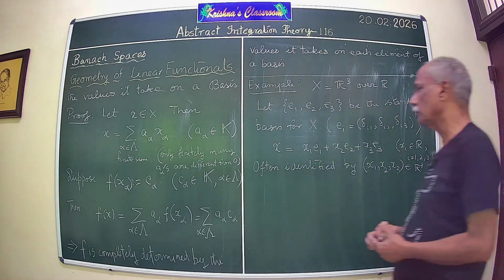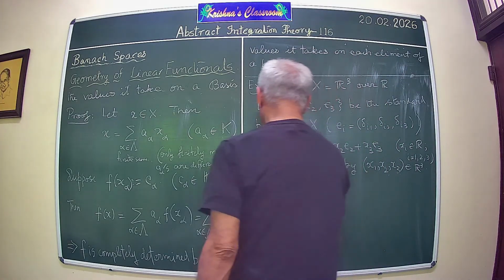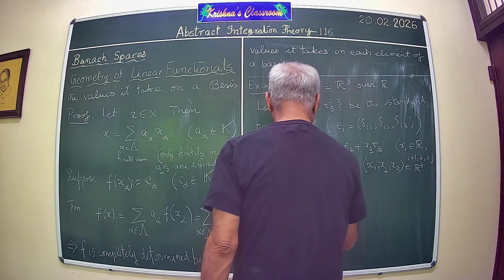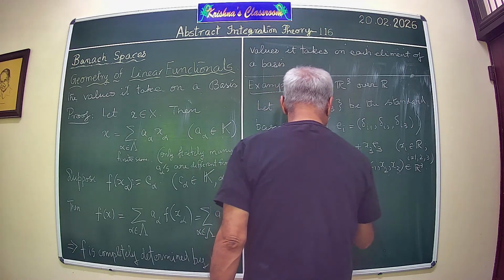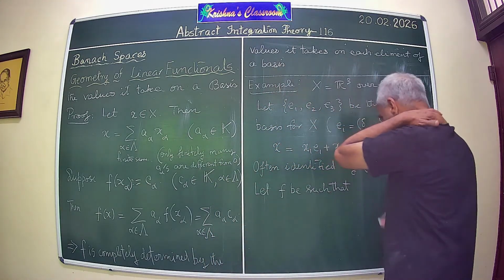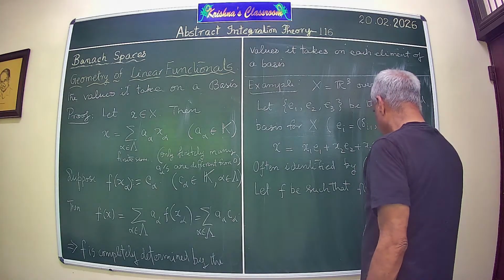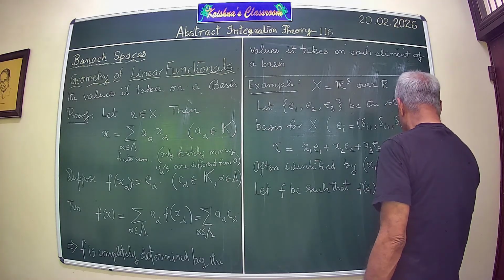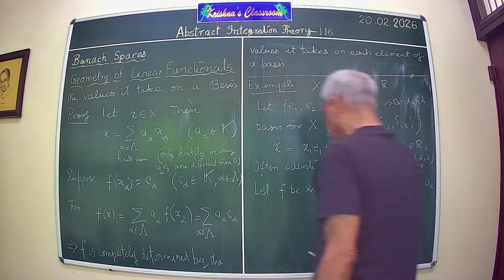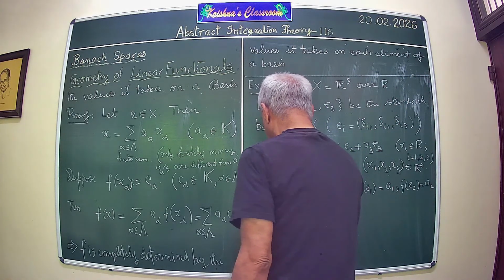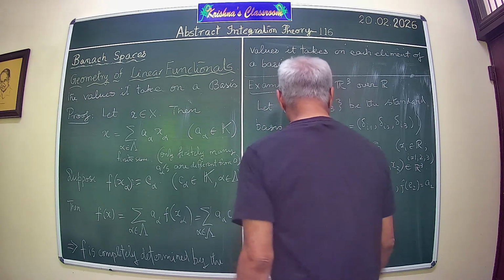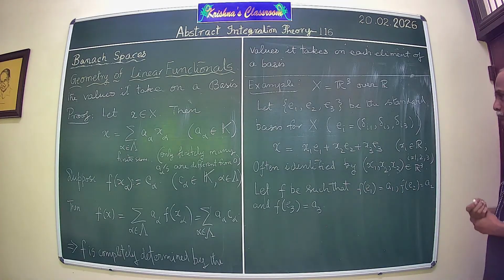Okay. Now let f be such that f of e1 is a1, f of e2 is a2, and f of e3 is a3. Okay.